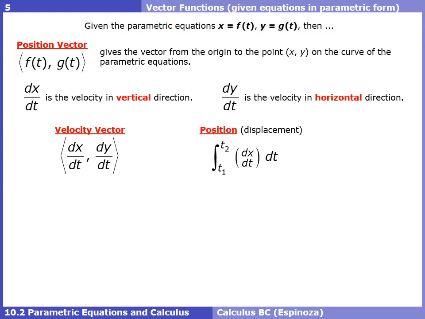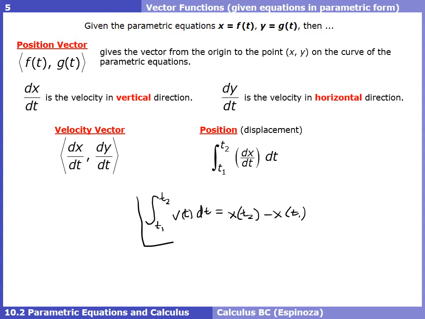After that, we can look at some of the things we studied way back at the end of Chapter 4. So if you need a reminder of this, look back at 4.7. But you'll recall that if we integrate from one time to another time of v of t dt, hopefully you still remember this formula, that gave us the position at t2 minus the position at t1.